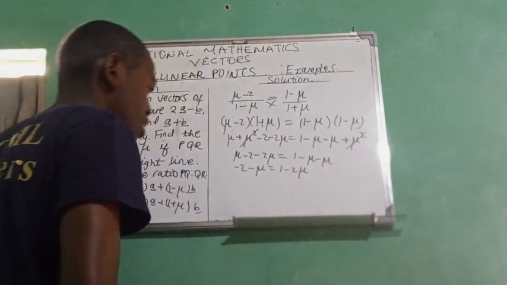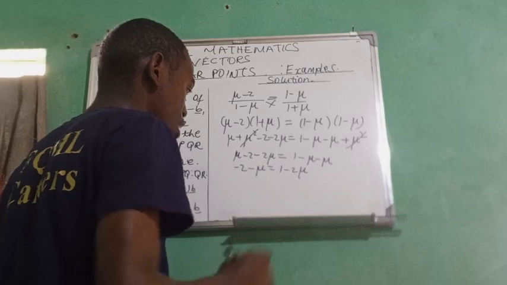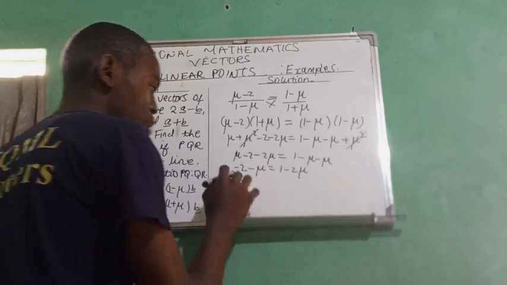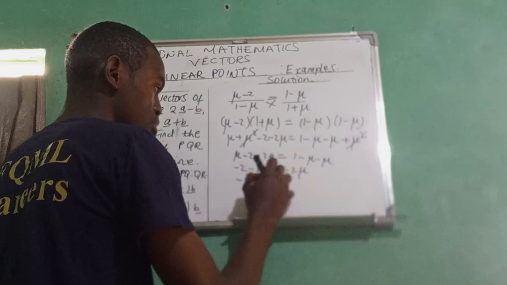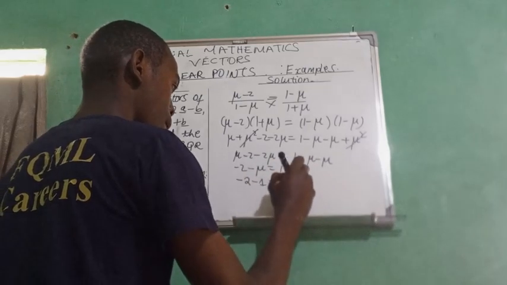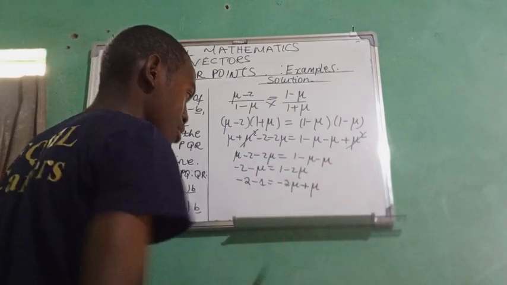Okay, then we group the like terms together. It would mean that, the 1 goes that side, negative 1 is equal to minus 2 mu plus mu.